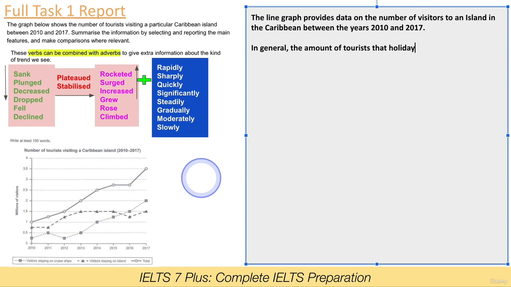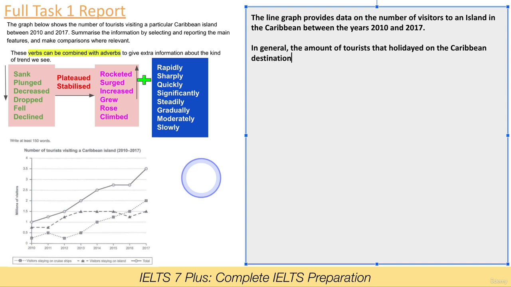Perhaps we could say holidayed on the Caribbean, or Caribbean destination, maybe.